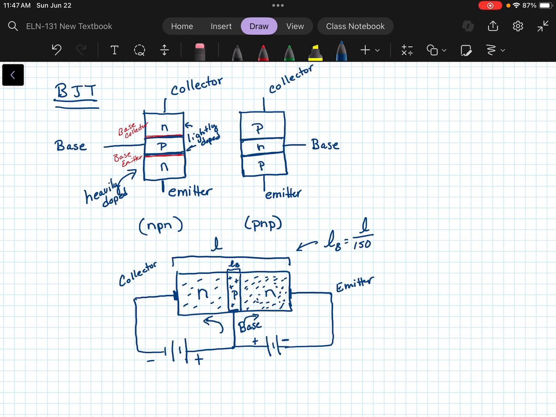So we're introducing the positive charge into this base, and what's actually going to happen is we're going to see all of these negative charges building up and dumping current basically into the collector.